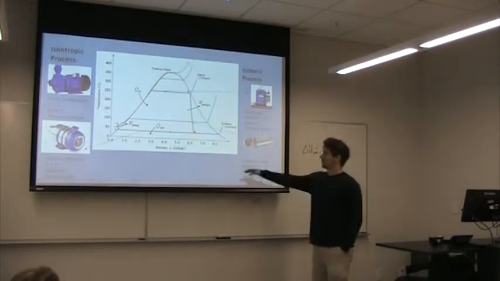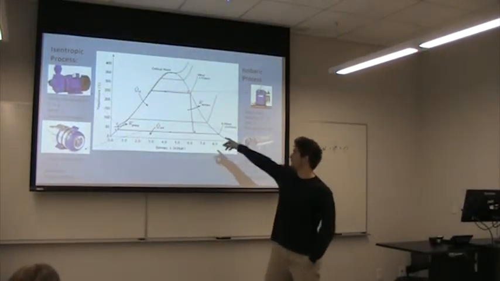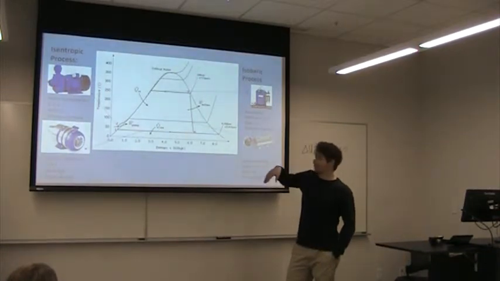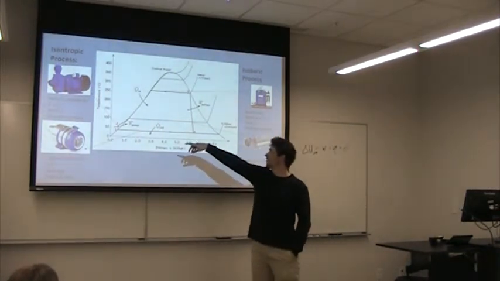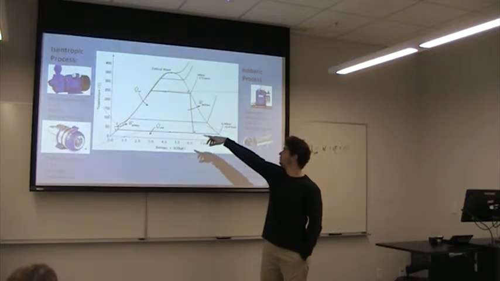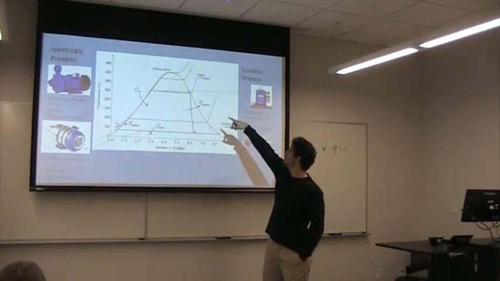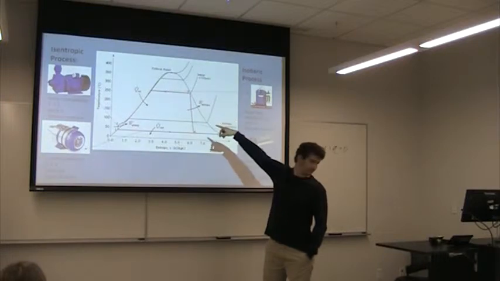You're going to start off with your fluid coming into your pump. It's going to isentropically compress and go from your pump to your boiler. Your boiler is going to heat that up in a constant pressure process to superheated steam.